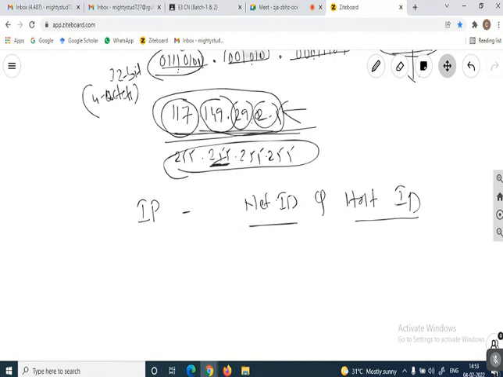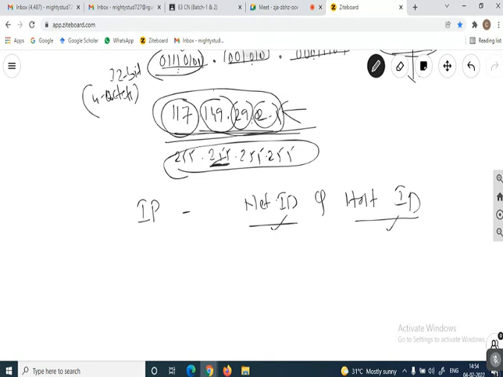For the host ID, how many bits are going to be used, and for the networking ID, how many bits are going to be used? We have a different classification of those IP addresses. A simple IP address will not define the complete information. Again, the IP is divided into different parts, the networking ID and the host ID.